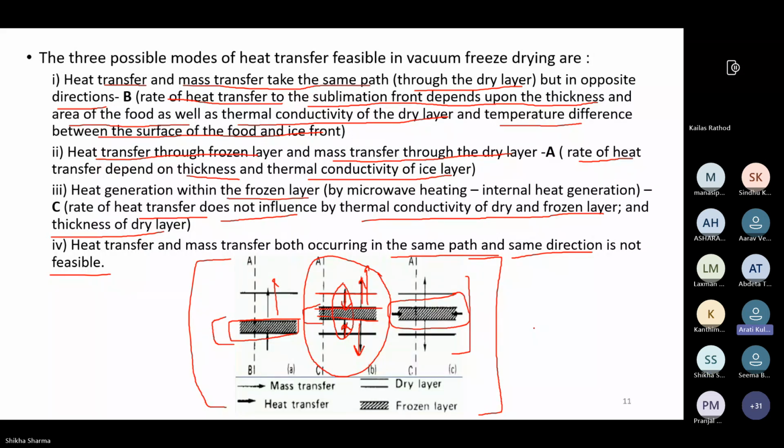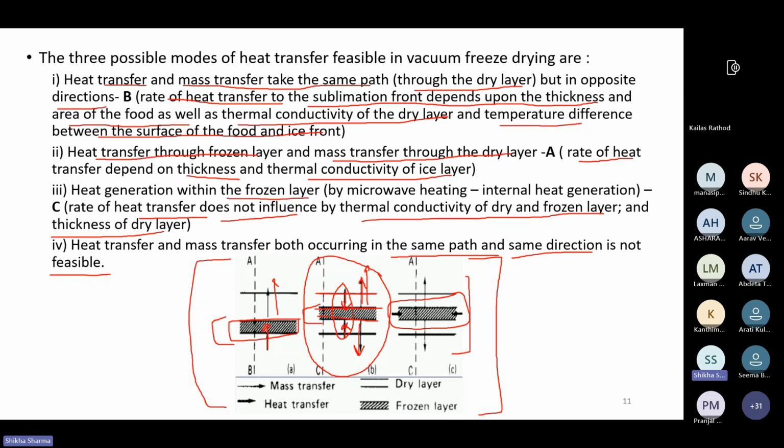Ma'am, but figure A is showing it traveling in the same direction. Heat and mass are traveling in the same direction in figure A. In figure A, that is what I am saying, in the dry layer mass transfer happens, and heat transfer happens in the frozen layer.